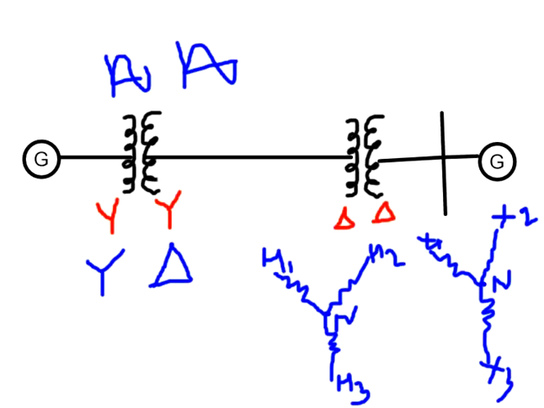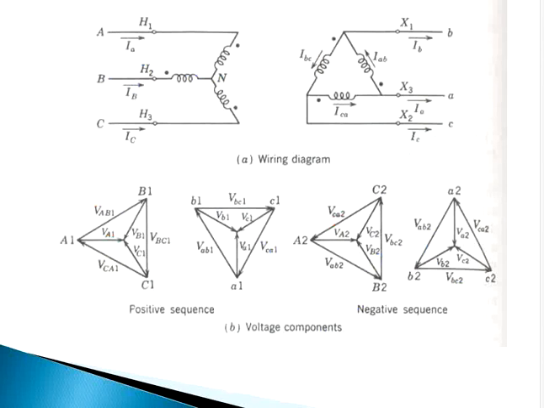Now let us say this is A, B, C. Can you tell the phase sequence for this? Anyone? If it is rotating in the anti-clockwise direction, first A will rotate, then B, then C will rotate. Similarly, here also VA1, VB1 and VC1, which are 120 degrees apart.